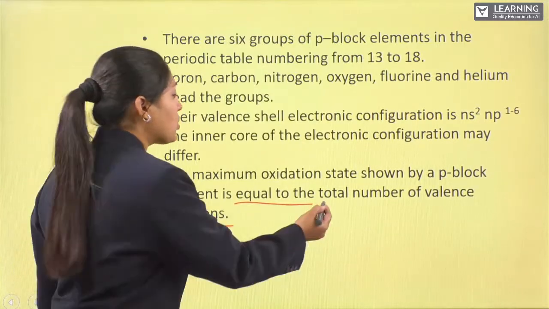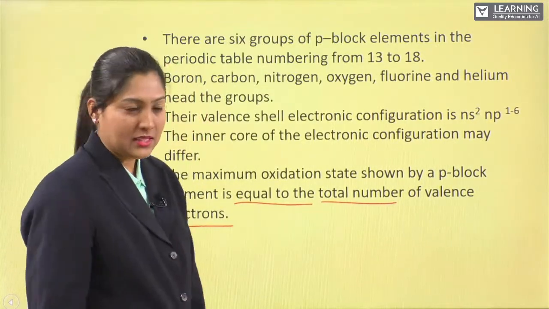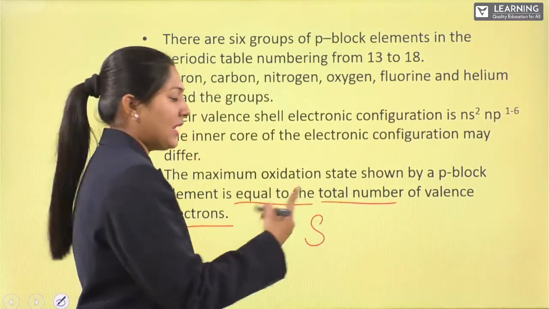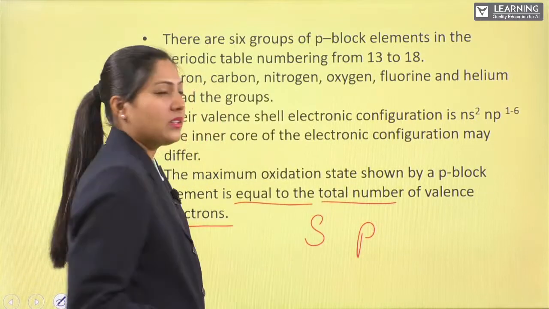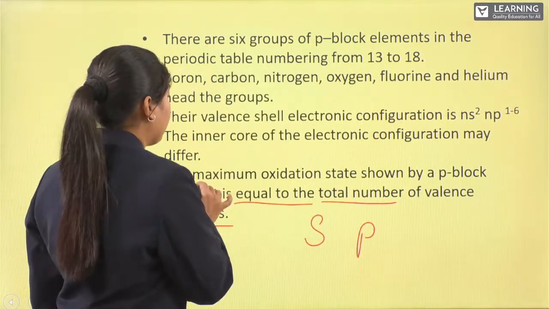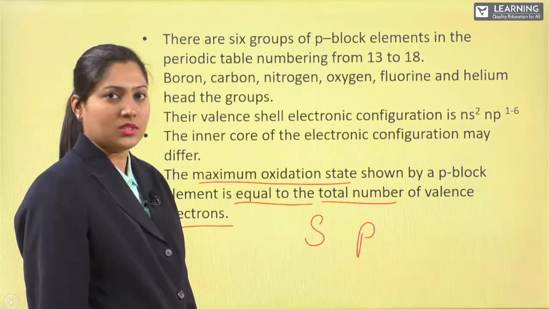Why are we using the total number? That means the electrons present in the s orbital plus the electrons present in the p orbital. The total electrons in the outermost shell will give you the maximum oxidation state.